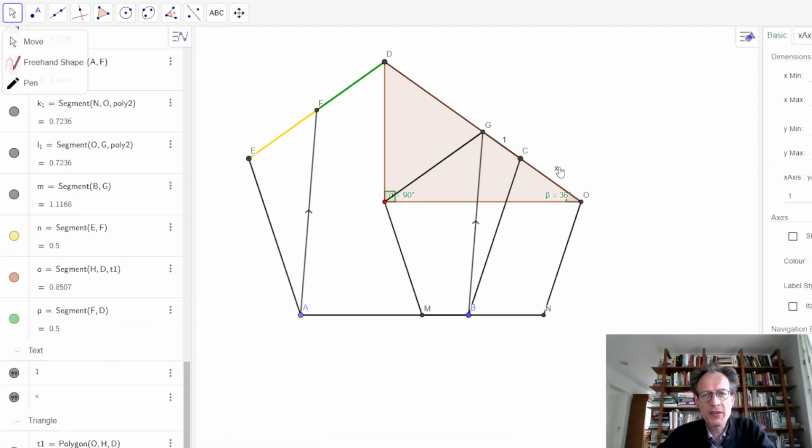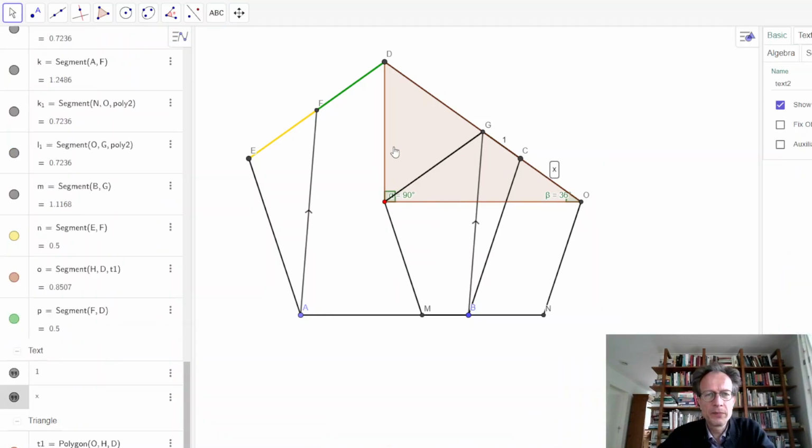Now, from this right triangle, and because here we have an isosceles triangle, we know that basically we have here a semicircle which is centered in G. Or you can also draw the full circle.